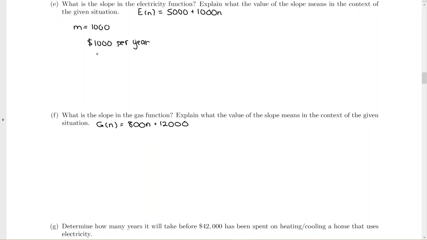So we're increasing by $1,000 per year to run the electric heating and cooling system.